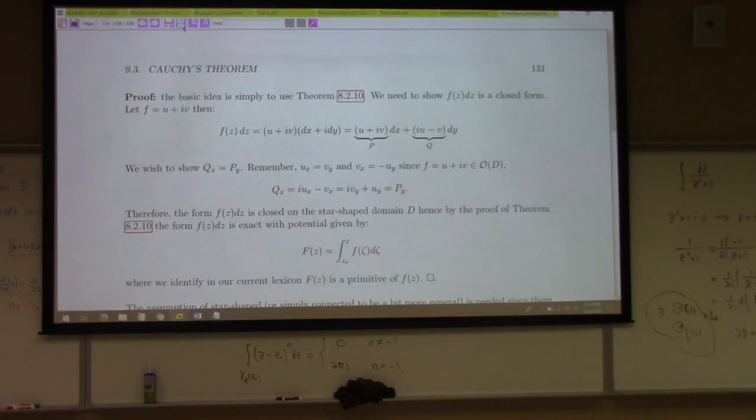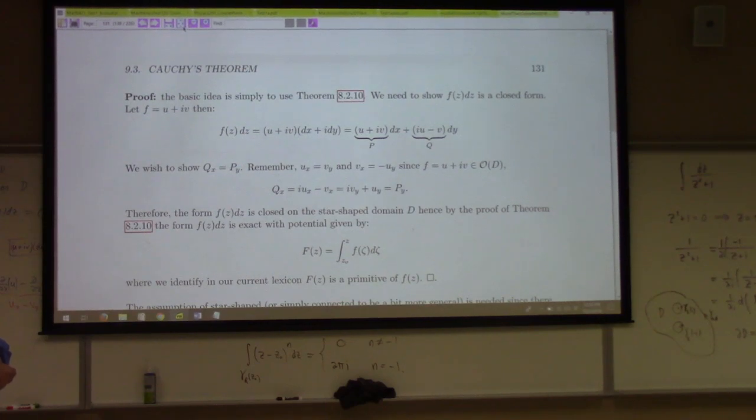Anyway, here's the proof. So the idea is simply to use this theorem from chapter 8, which said that if it's closed on a star shape, then it's exact. So we look at f plus iv, which is this, which is that. It gives me this p and this q. I want to show that this is a closed form, so I just need to show that qx is equal to py. And the reason that's true, again, Cauchy-Riemann equations, this and that, and that and that.